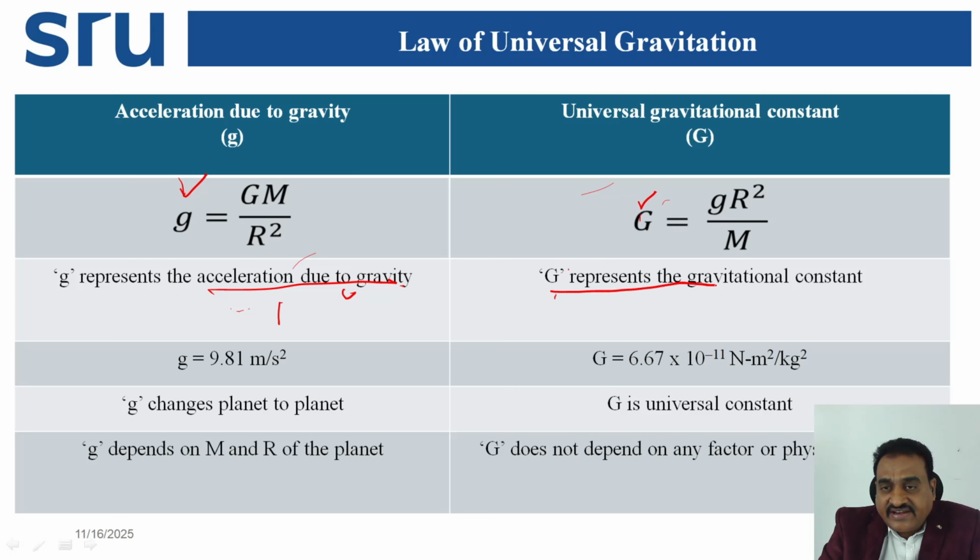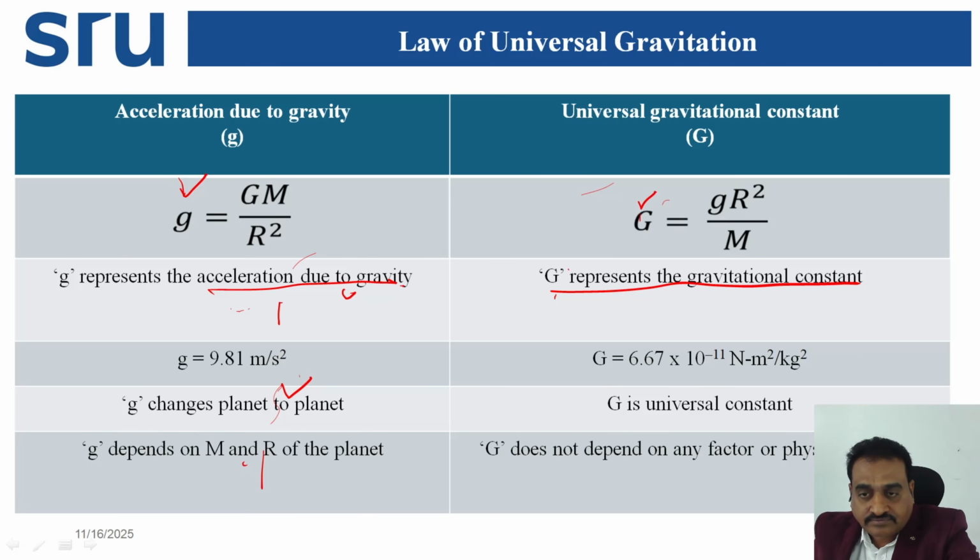Capital G represents the gravitational constant. Acceleration due to gravity g equals 9.81 meter per second square. The universal gravitational constant value is 6.67 into 10 to the power minus 11 Newton meter square per kg square.